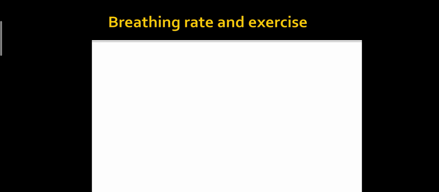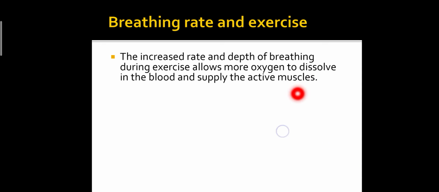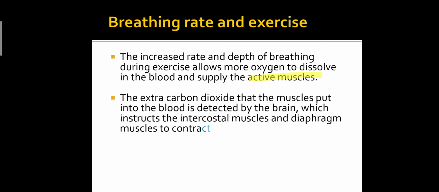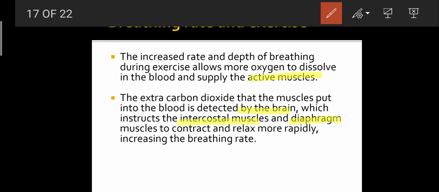Now we will discuss breathing rate and exercise. The increased rate and depth of breathing during exercise allows more oxygen to dissolve into the blood and be supplied to the active muscles, while the extra carbon dioxide that the muscles release into the blood is detected by the brain, which instructs the intercostal muscles and diaphragm to contract and relax more rapidly, increasing the breathing rate.